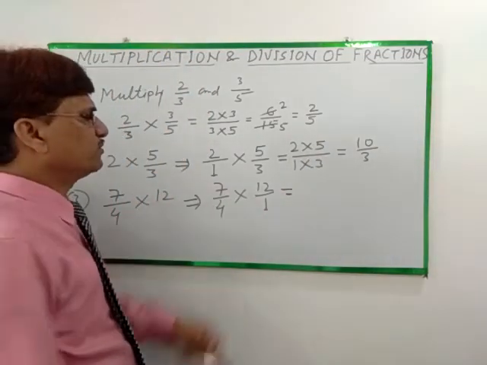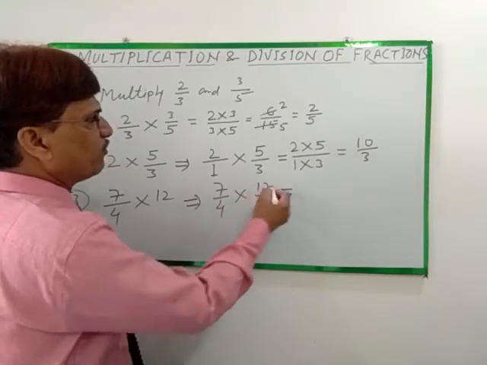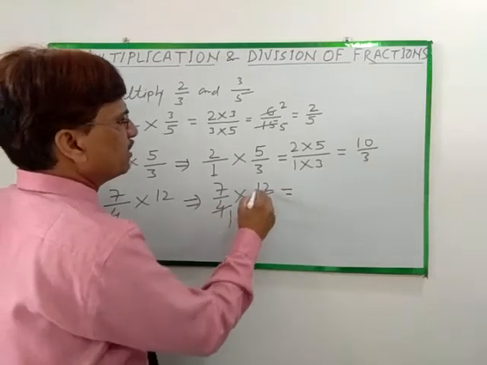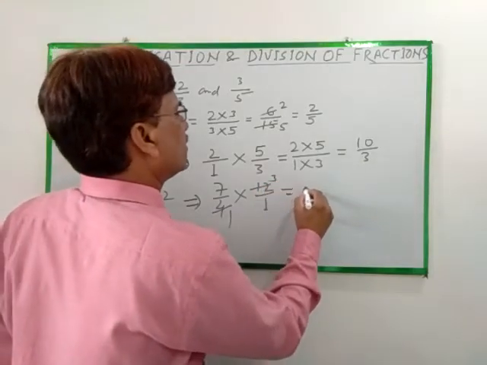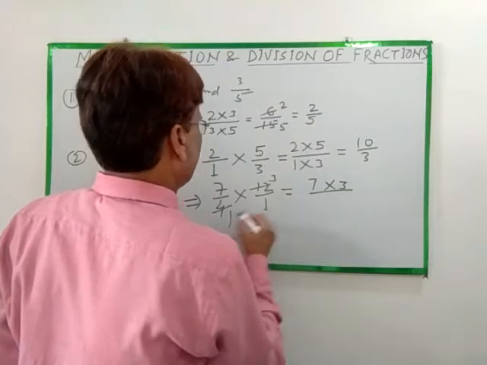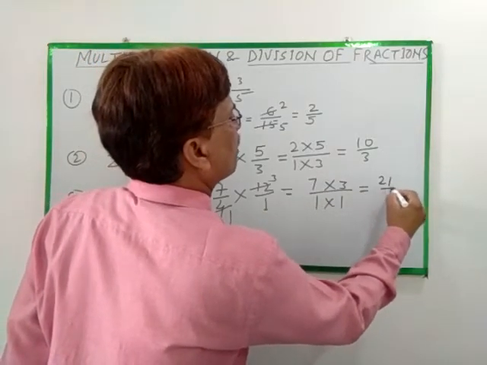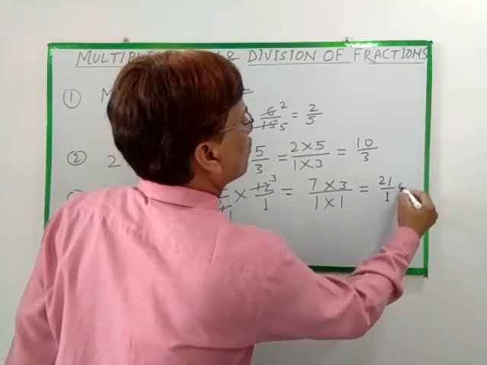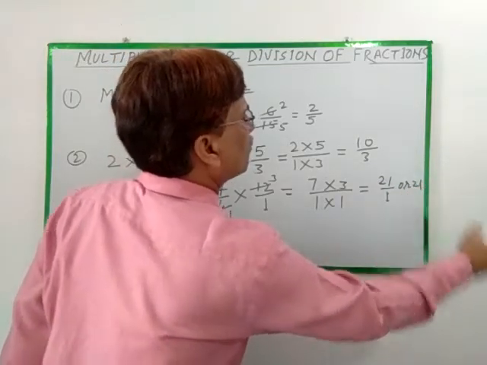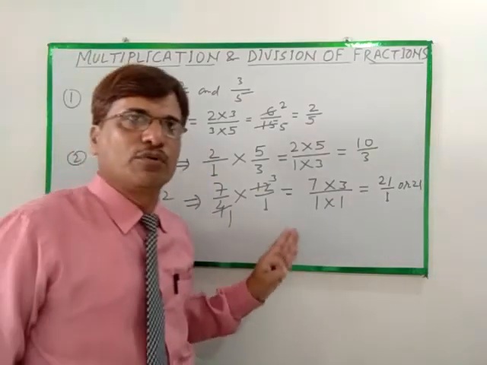You can cancel out because the common factor of 4 and 12 is 4. 4 ones are 4, 4 threes are 12. Now 7 into 3 and 1 into 1. 7 threes are 21 upon 1, or 21. Okay. Have you any problems?